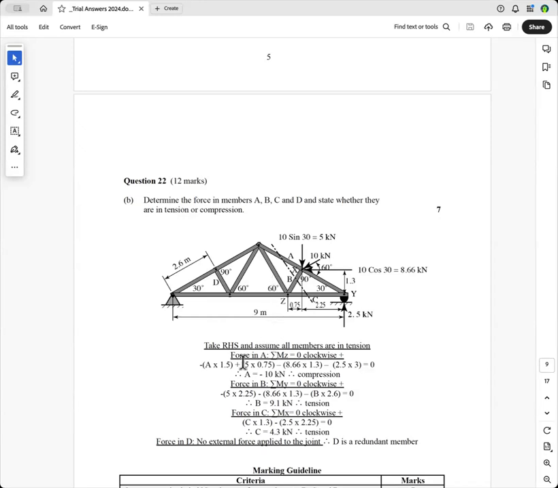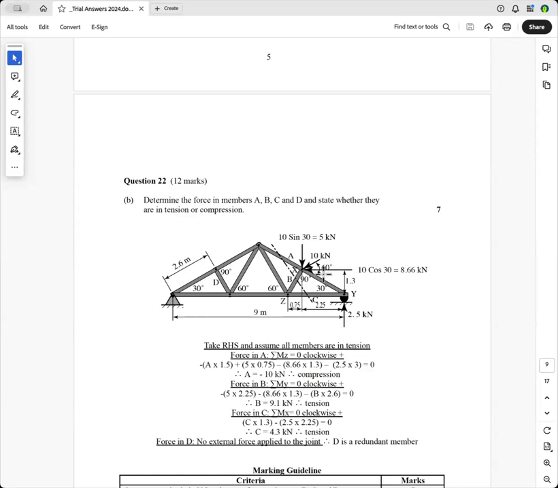So they should be. So we've got A times 1.5, and we're saying it's in tension, so the force is going up, it's away from the joint, so that's a negative direction. We've got 5 times 0.75, and we're taking moments about that point, so we've got 5 coming down here, and that distance is 0.75, and you can work that out with trig, or you can scale it.